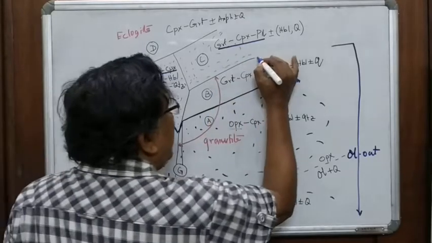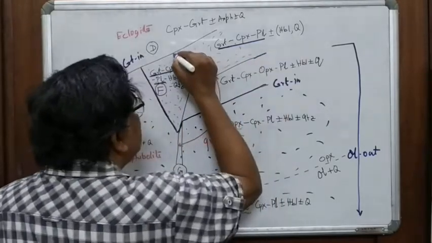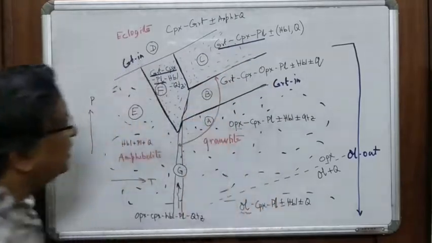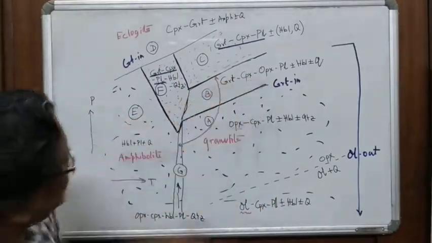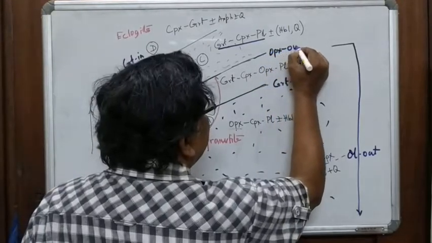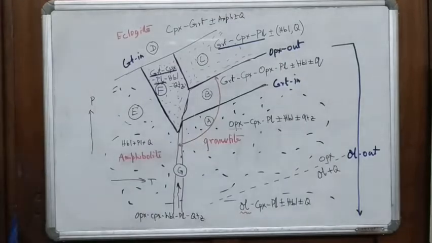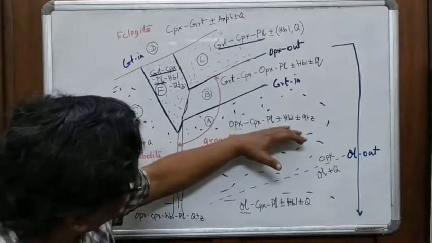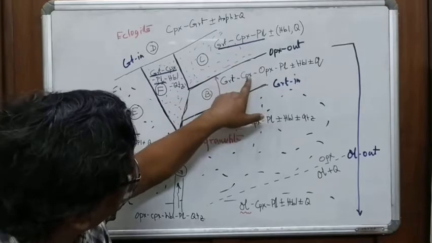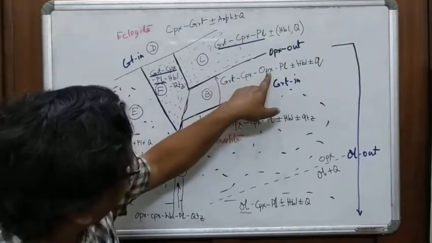and suddenly you have this reaction. What is the characteristic of this reaction here? Here, for example, it's orthopyroxene out. Do you understand? This is orthopyroxene out. So you have a 2-pyroxene plagioclase assemblage, garnet comes in, then you have garnet, clinopyroxene, orthopyroxene assemblage.